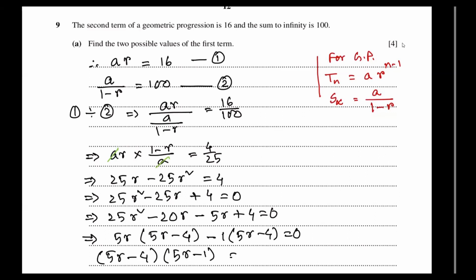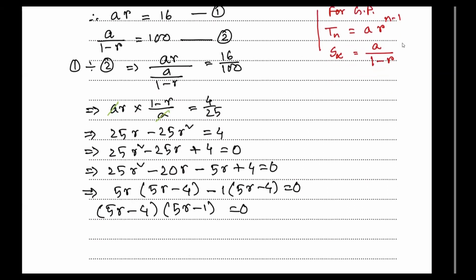So we have two possible values of r here, 5r minus 4 equal to 0. So r equal to 4 by 5, or we have r equal to 1 by 5. If r is 4 by 5, then a is, remember, a is 16 by r, 16 by 4 by 5, it will be 20.